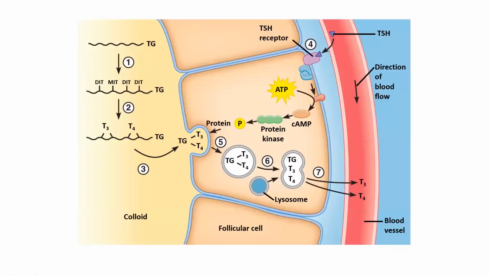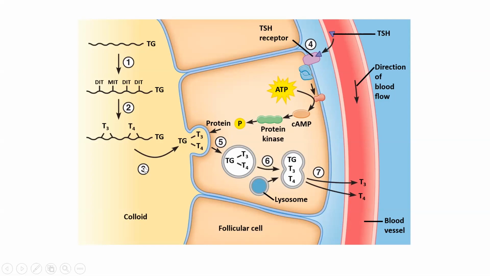Okay, so this is a closer look at one of those follicles. So this is an individual follicle. This is a follicular cell that's lining that follicle. And here we can see on either side of the follicle, we've got the colloid, which is inside the follicle, and then we've got the blood vessel, which is around the periphery of these follicles that's running through this thyroid gland.